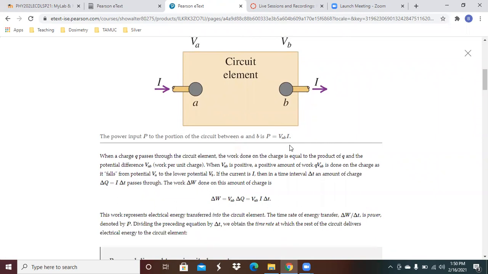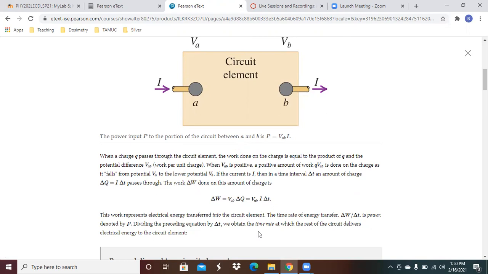If the current is I, then in the time interval delta t, the amount of charge that passes through is just our definition of current rewritten. So the amount of work done is going to be the voltage times the change in charge. This work represents electrical energy transferred into the circuit element.